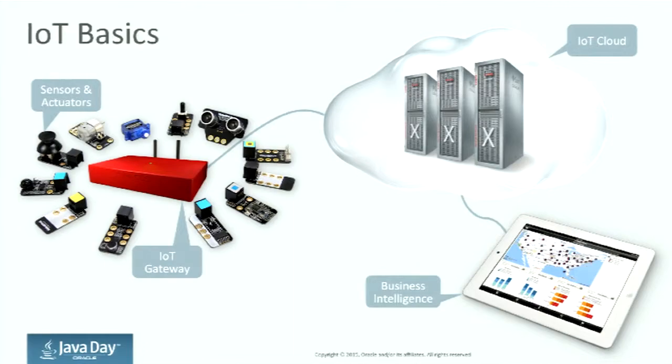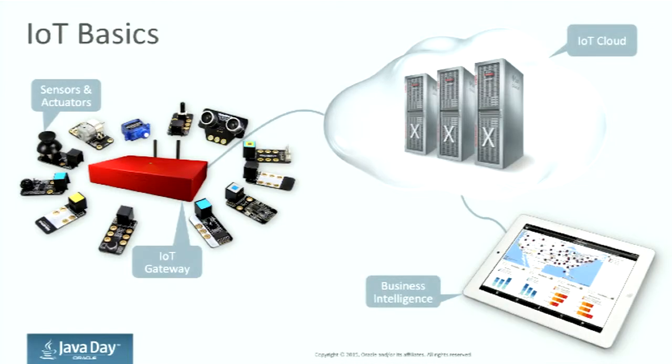In terms of the basic concepts of what IoT means, on the left we have a set of sensors and actuators. Here you would have things like lights, temperature sensors or motors. These are things you can get data from and set data to.